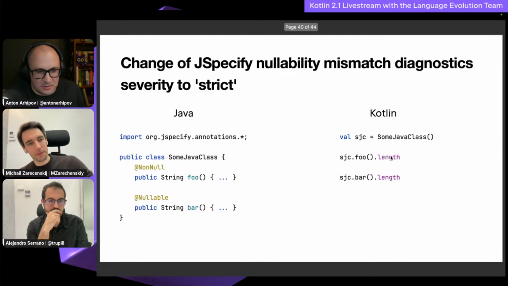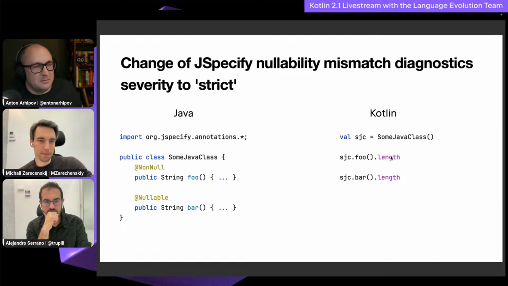Exactly. So regarding this very same example, if you consume this API from your Kotlin program, you see there is this foo method that might not return null, annotated with the non-null annotation, and there is this other function called bar which might return null.